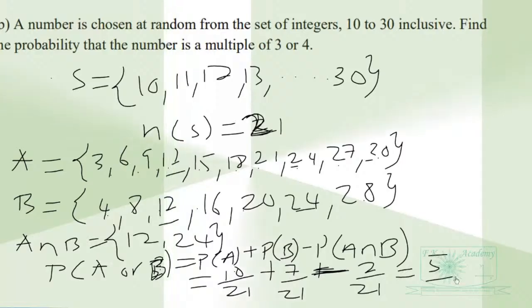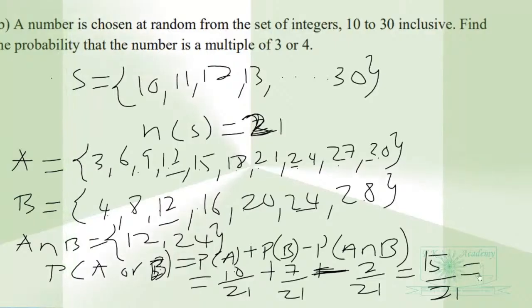Let's go step by step. It will give you 15 over 21. And it will still simplify: 3 will go into 15, 5, and 3 will go into 21, 7.